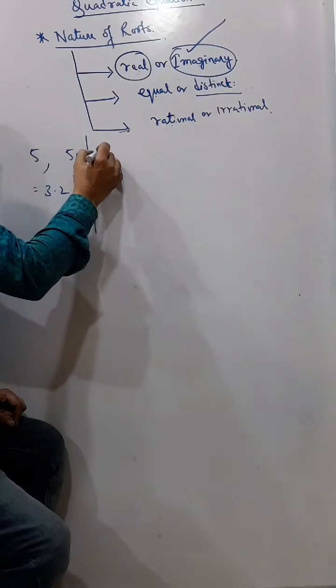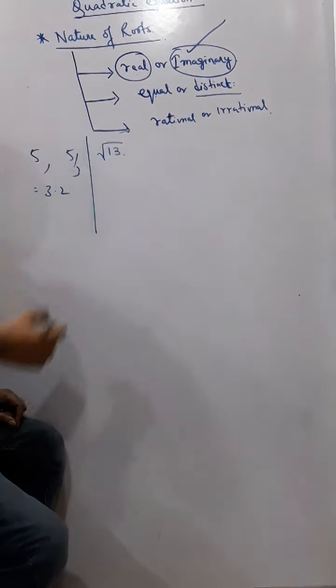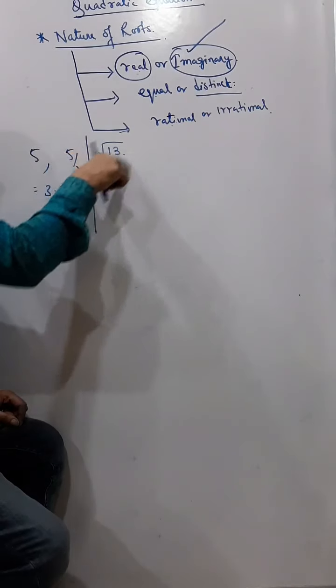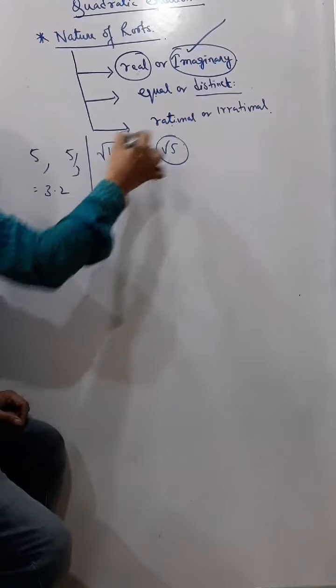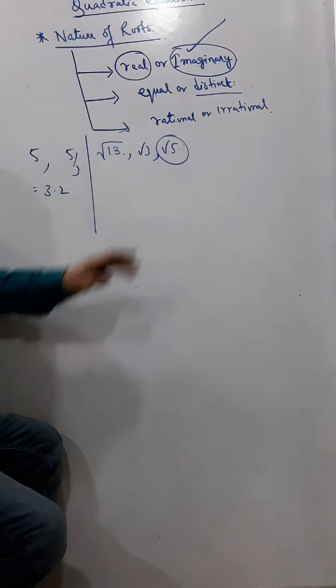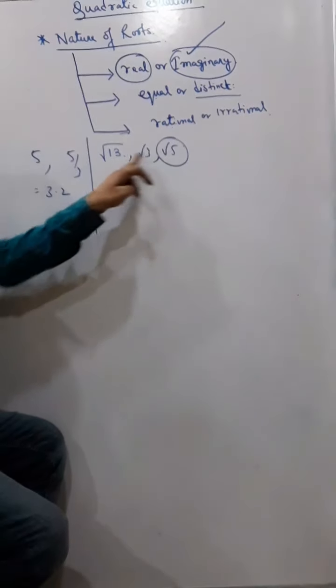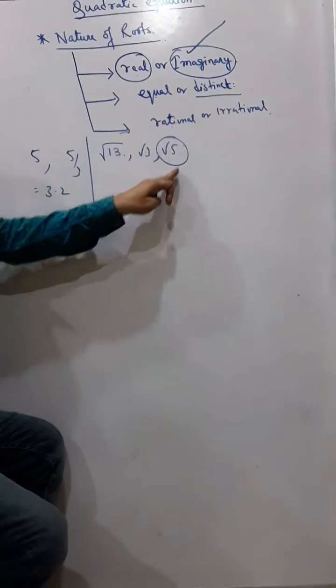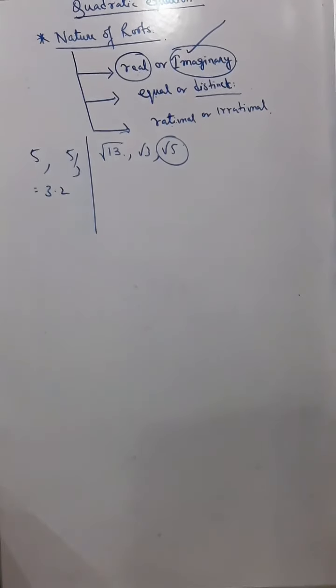But irrational number means the number which is not a perfect square, like root 13. So this is an irrational number. Root 3 is an irrational number. Root 5 is an irrational number. Understand? So if a number has this square root, that means it is not a perfect square number. We say generally it is an irrational number. Okay?